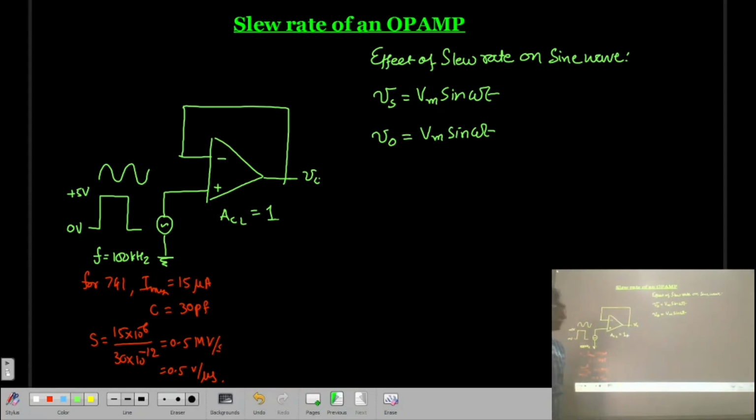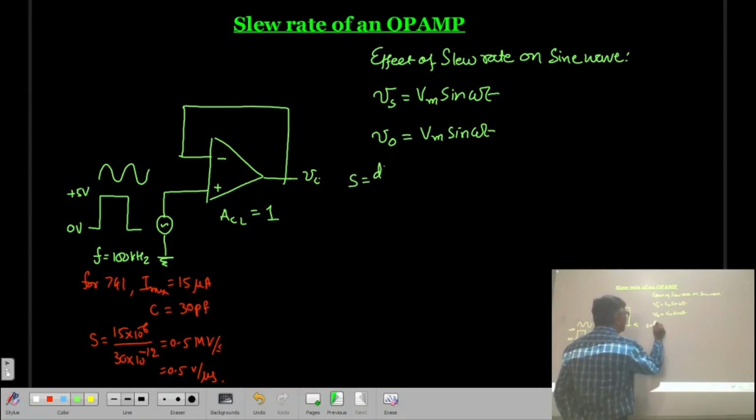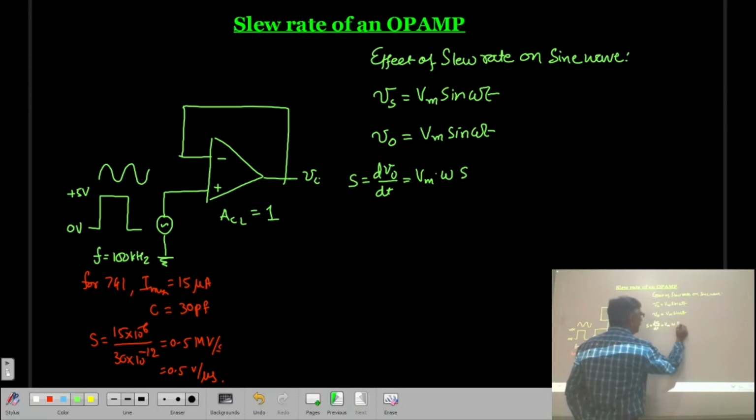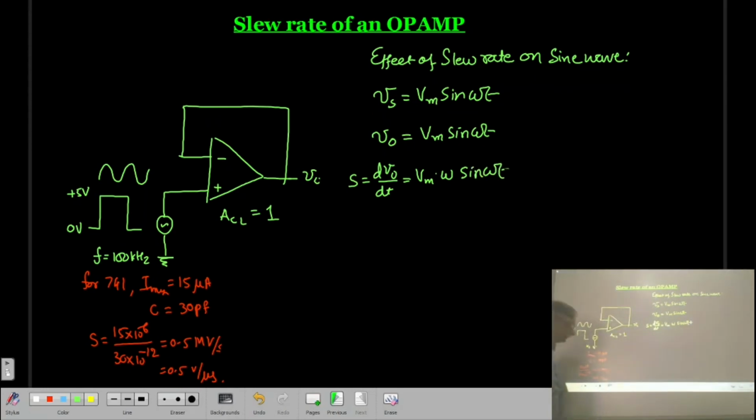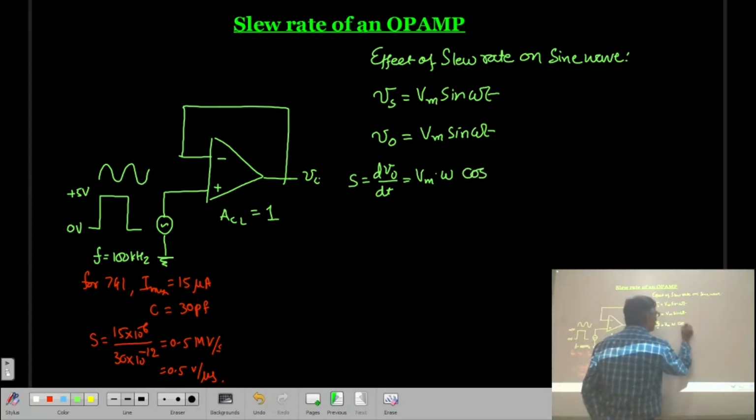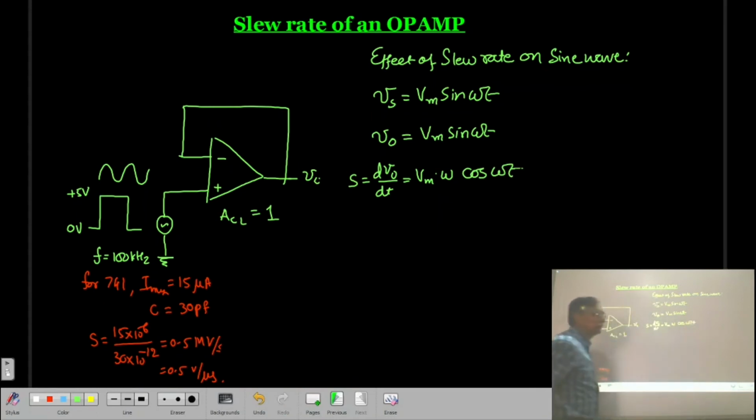Correct? Okay. So if I want to calculate the slew rate, then I have to differentiate this. That is dVo by dt, and this is Vm into omega cos omega t.